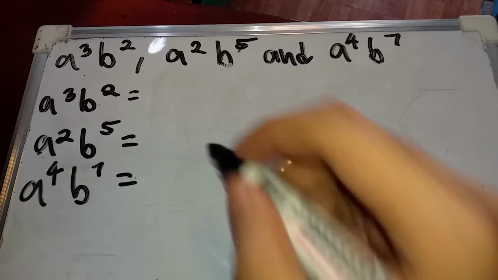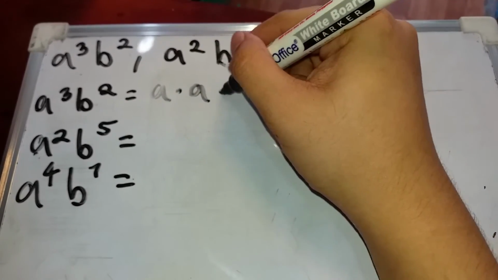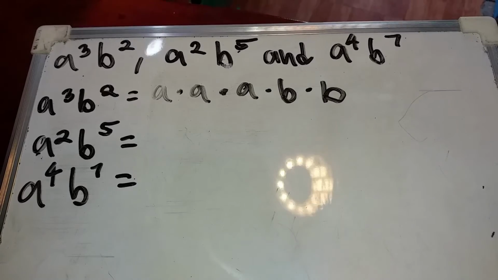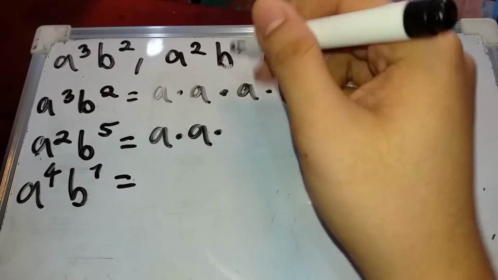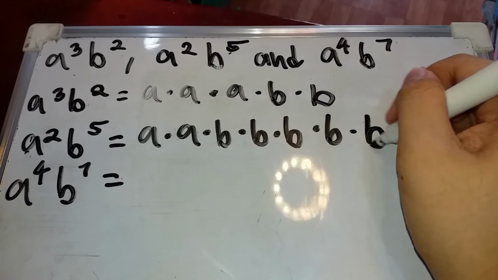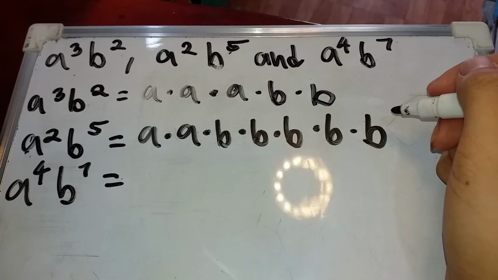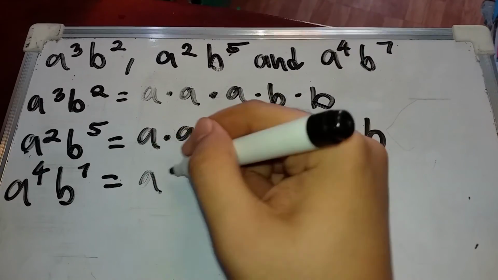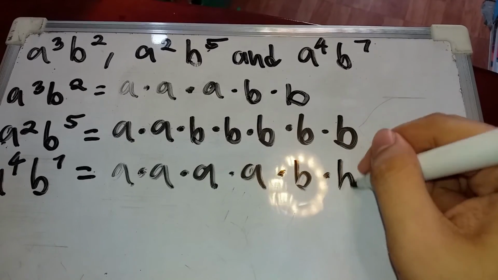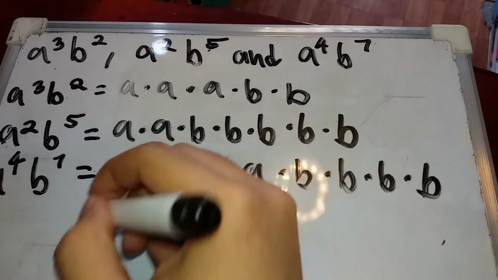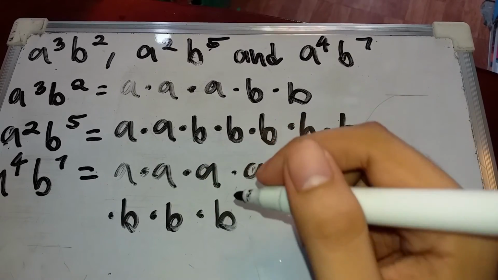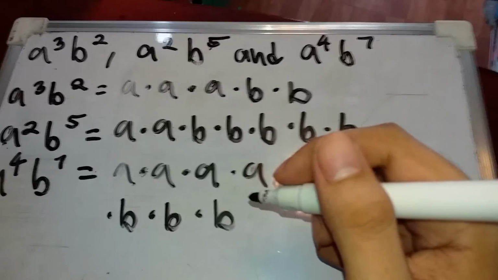This is our next example. a times a times a times b times b is equal to a cubed b squared. a times a times b times b times b times b times b is equal to a squared b raised to 5. a times a times a times a times b seven times is equal to a raised to 4 b raised to 7.